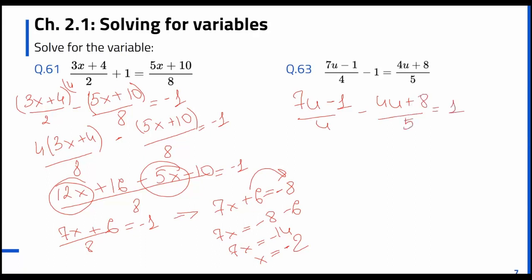So 4 and 5 have common denominator 20. So here we can multiply by 5, and here we can multiply by 4. So we'll have 5 (7u minus 1) minus 4 (4u plus 8) divided by 20 equals 1.